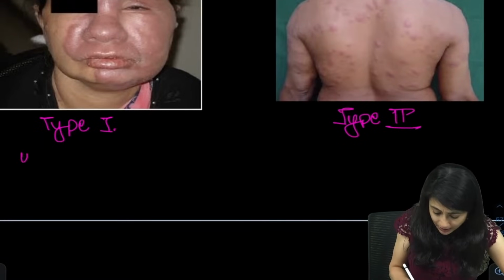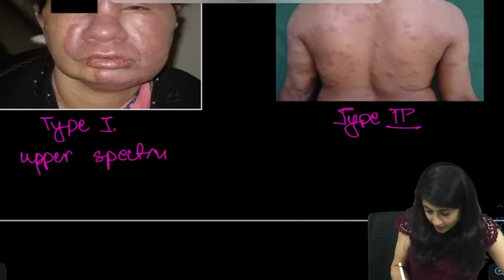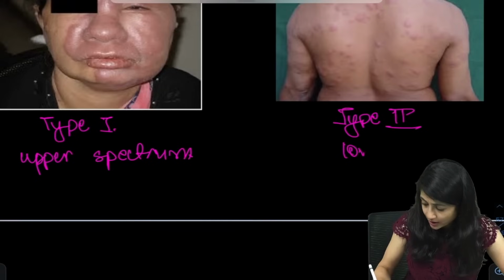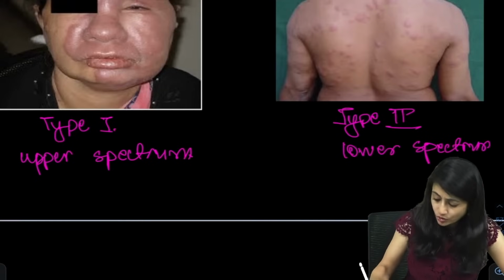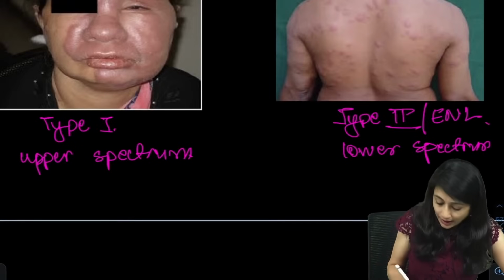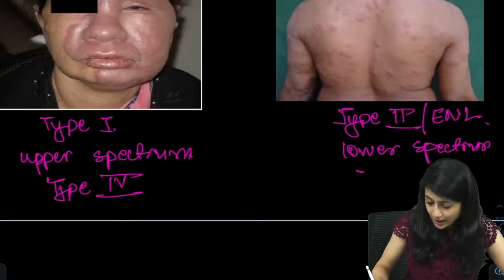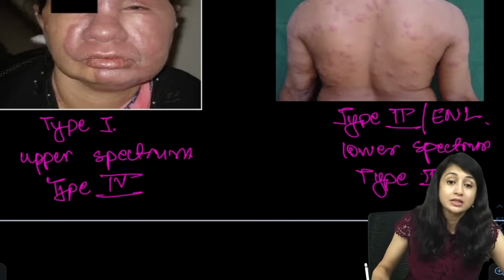It is seen typically in the upper spectrum of leprosy, whereas type 2 is seen in the lower spectrum. So, in the lepromatous pole, you see type 2. This is also called ENL. Type 1 is a type 4 hypersensitivity reaction. This is a type 3 hypersensitivity reaction.